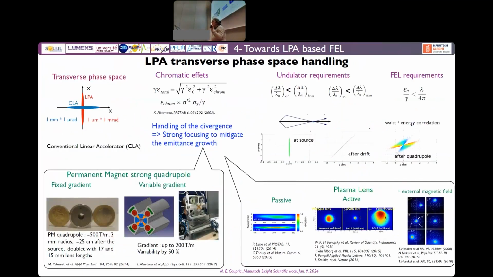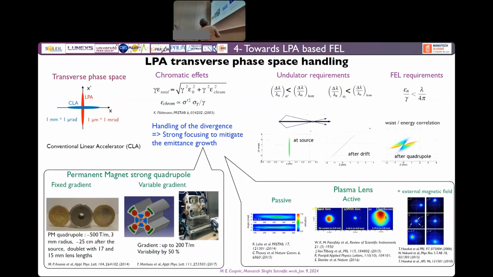So about the transverse phase space. If I compare a conventional accelerator and a laser plasma accelerator: in a conventional accelerator, we have typically 1 microradian divergence and 1 millimeter size, while for an LPA, we have 1 milliradian divergence.